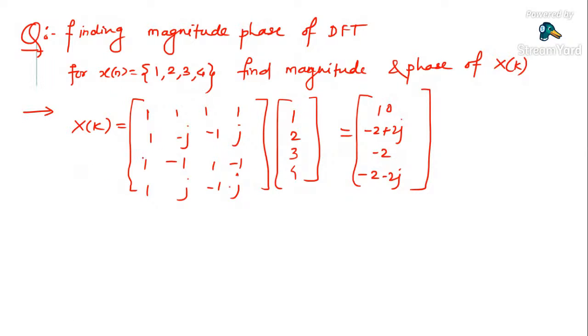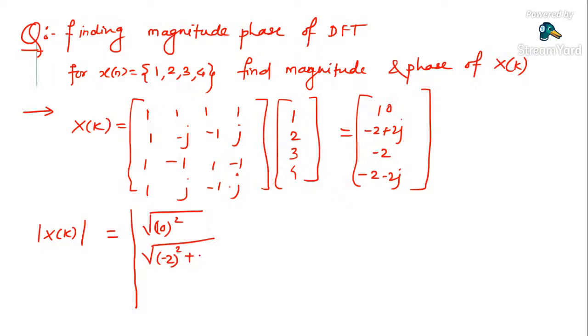Now once it is calculated, you have to calculate the magnitude. This is the magnitude of X of k. How to calculate the magnitude as per the previous problem? It is square root of 10 square, then square root of minus 2 square plus 2 square, the third value is minus 2 square, and the fourth is minus 2 square plus minus 2 square.